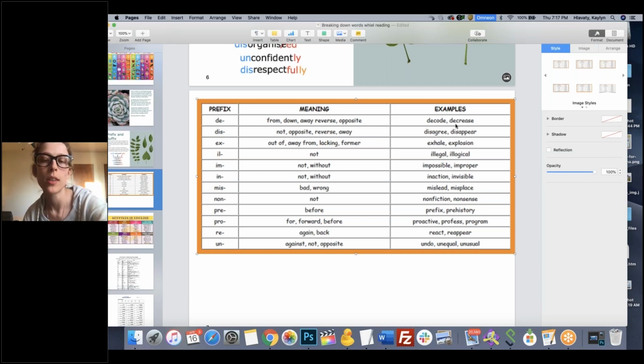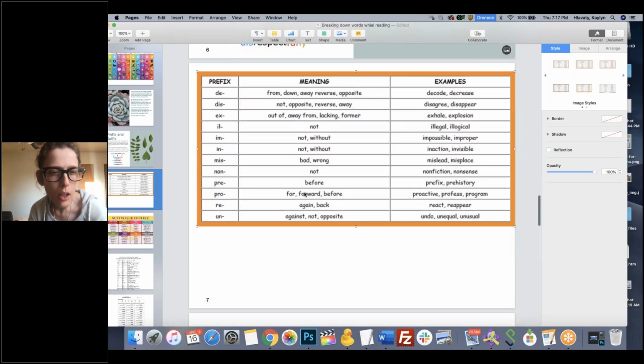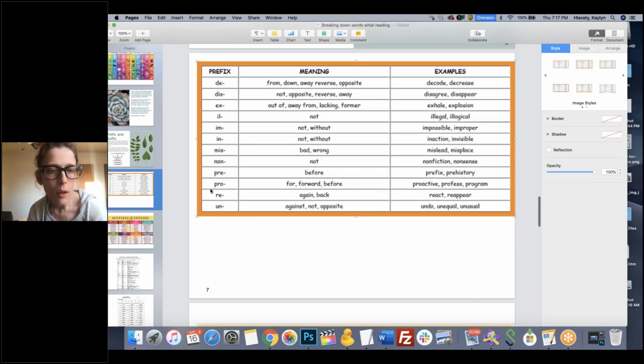So a lot of times with the prefix and suffix, you can use those and some other words around it in a passage to decide the meaning of a sentence. A couple other examples I'm going to point out here would be pro. Pro is a very common one in the English language. It could take the meaning of for, forward, like protract, before.